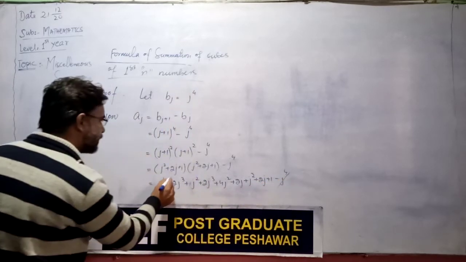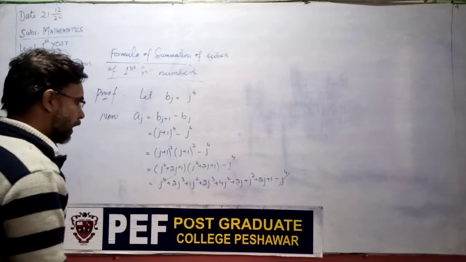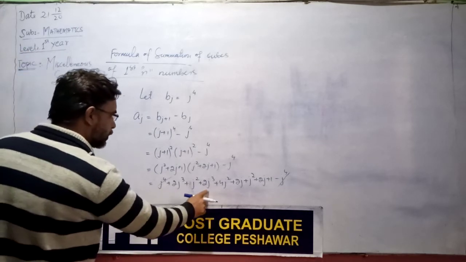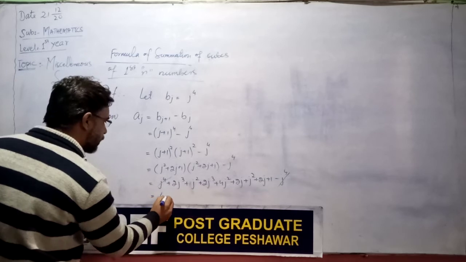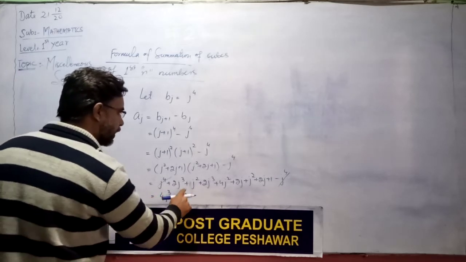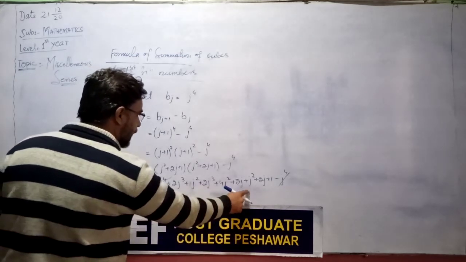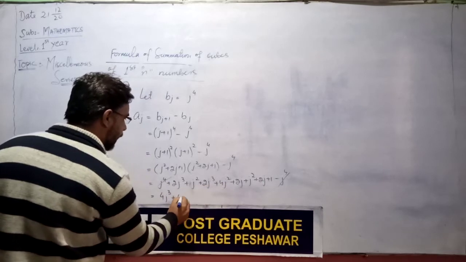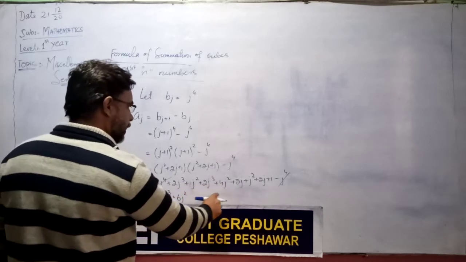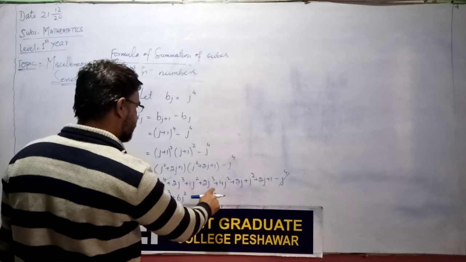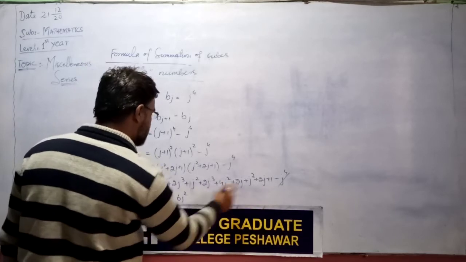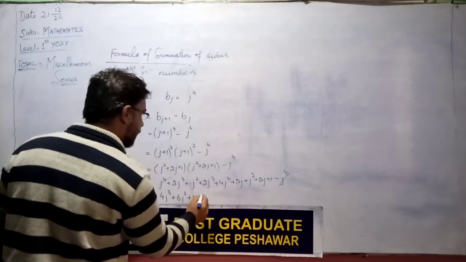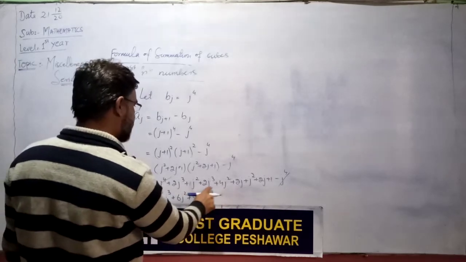The j^4 cancels. 2j^3 becomes 4j^3, j^2 and 4j^2 become 6j^2, and lastly 2j becomes 4j, and we are left with 1.